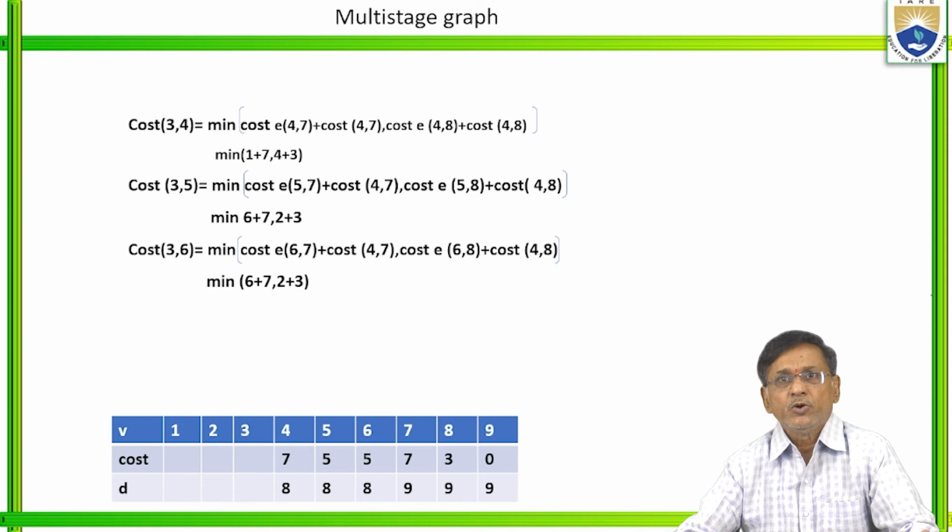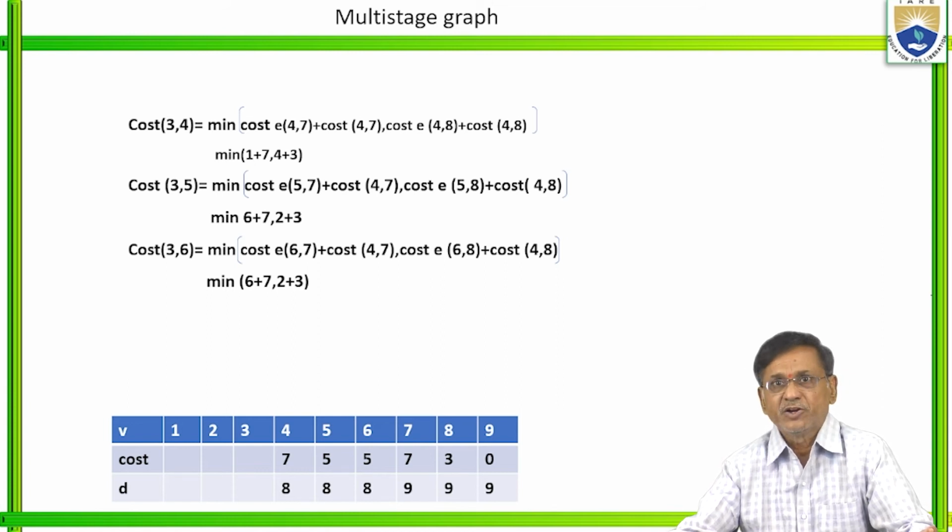Cost of vertex 4 in the third stage is equal to minimum of: cost of an edge 4 to 7 plus cost of vertex 7 in the fourth stage, that is the one path; the another path is cost of an edge 4 to 8 plus cost of vertex 8 in the fourth stage.